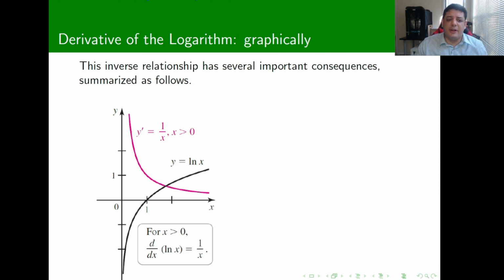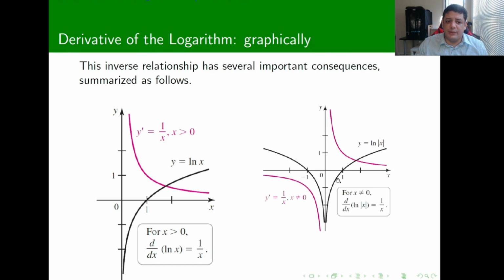Notice that there's also a little bit of symmetry between these functions and their derivatives. If I have the log of x here, we can see the graph, and this is for the natural log of x. We can see that the derivative also has some sort of reflecting behavior here. The same happens with the log of the absolute value, where the absolute value reflects the negative into positive.